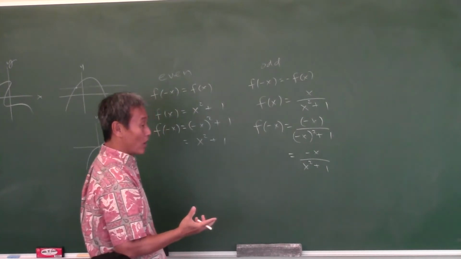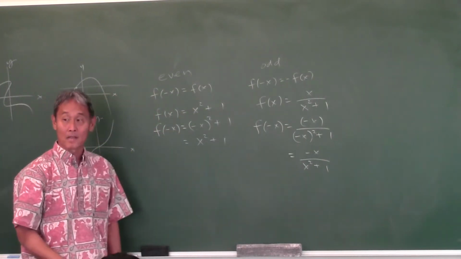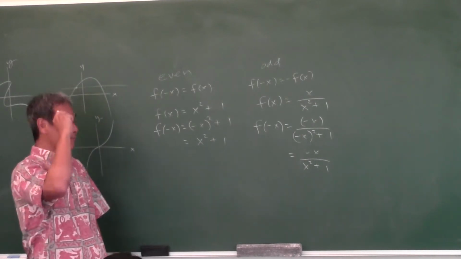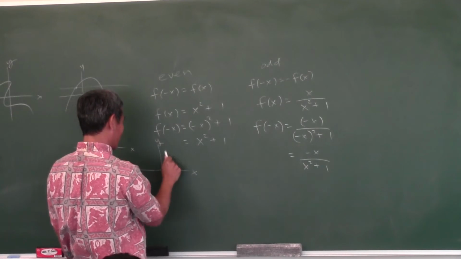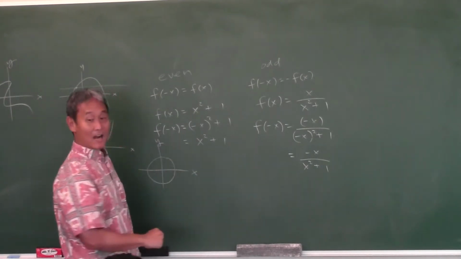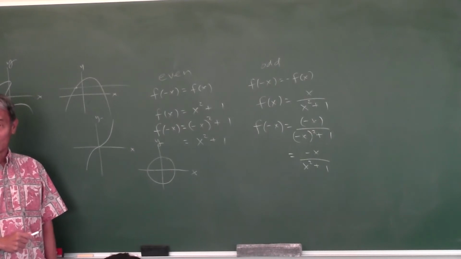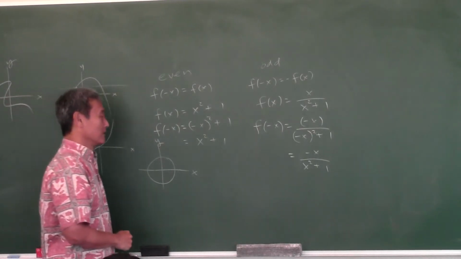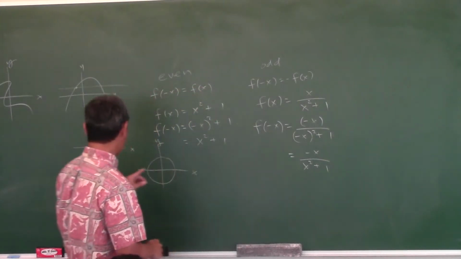And an odd function will always be symmetric about the x-axis. Well, let's think about that. If a graph is symmetric about the x-axis, like that, it's not a function. What? No, an odd function is symmetric about the origin, just like y equals x cubed, see?